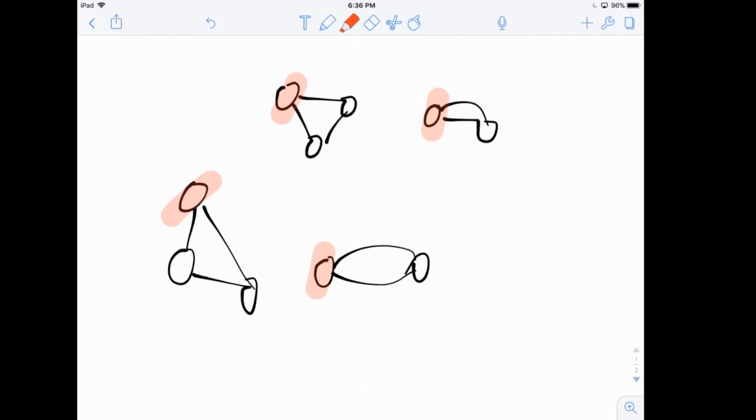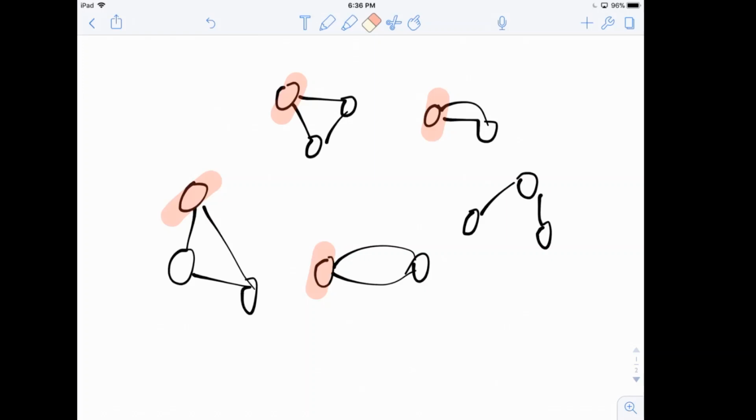However, it's not always the case that every node is inside a simple cycle, right? You may have something more of a tree-shaped thing, where there may even be a cycle as part of it with an extra node hanging off.